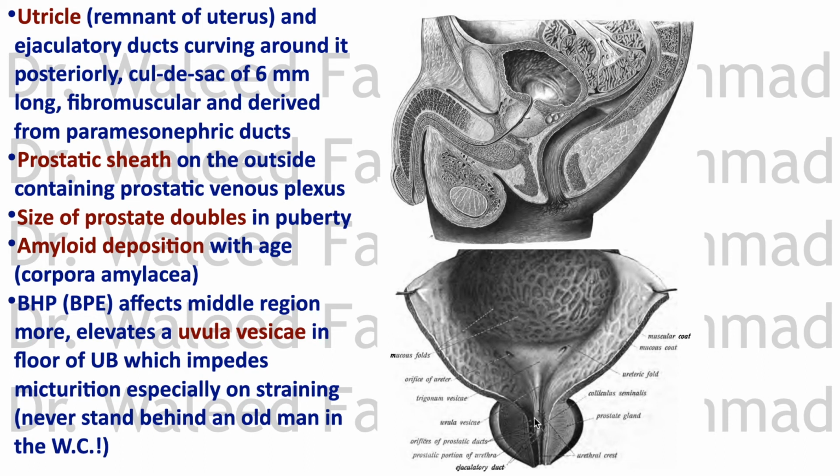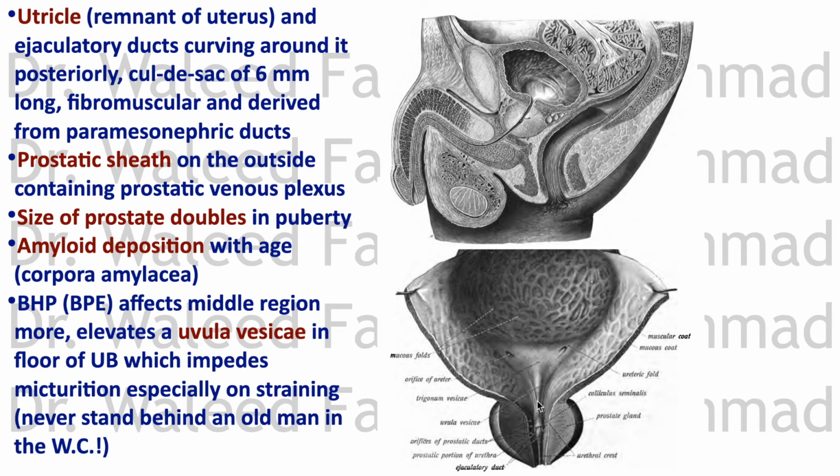You see, the internal urethral meatus is in front of it. So if a person has a uvula vesicae large enough that it can bend and occlude the internal urethral meatus, this is a problem. This is what happens in old age with benign prostatic hypertrophy, especially when they strain.